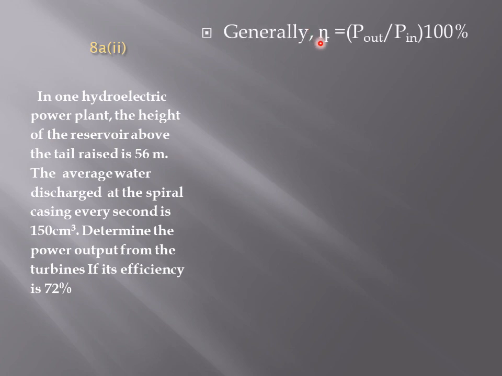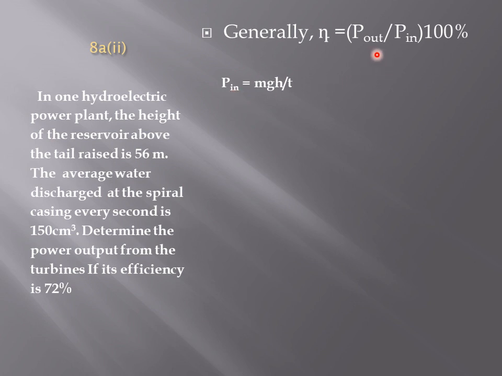Generally, we know that efficiency is equal to power output on power input, all of that multiplied by 100%. Now, what do we have? We have that energy on time is equal to power. But what kind of energy? Potential energy, mgh, on time is equal to power.